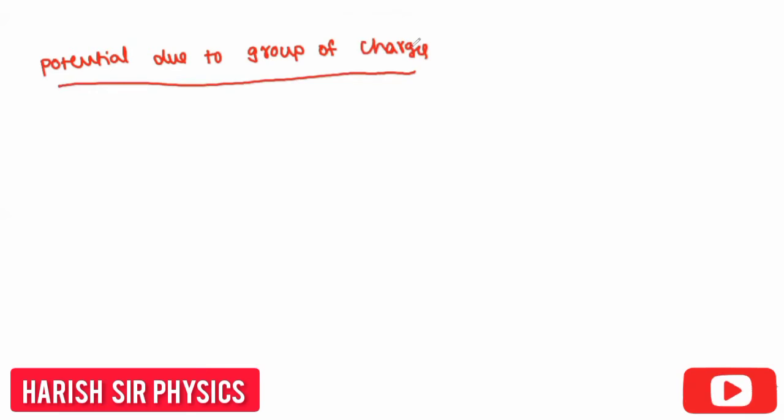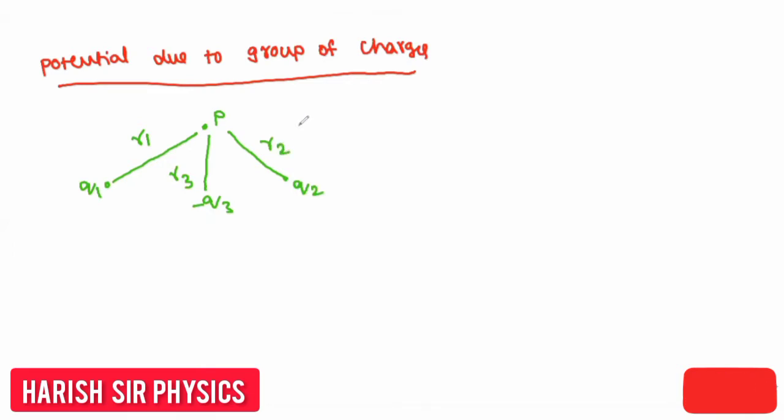This is the point P. Here charge Q1 is there, at a distance of R1. Next, charge minus Q3, at a distance of R3. Here charge Q2, at a distance of R2. Potential is a scalar quantity.